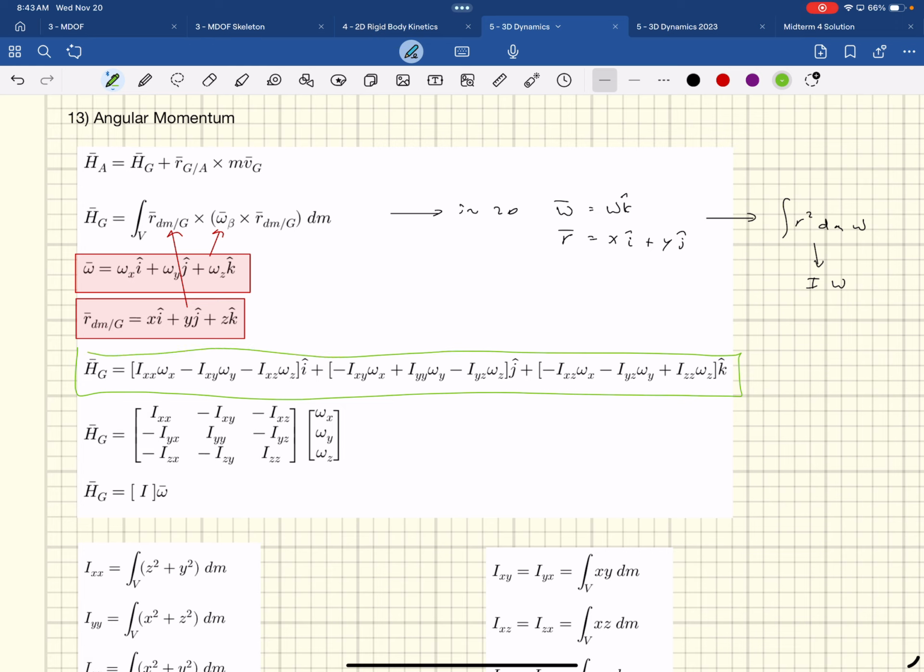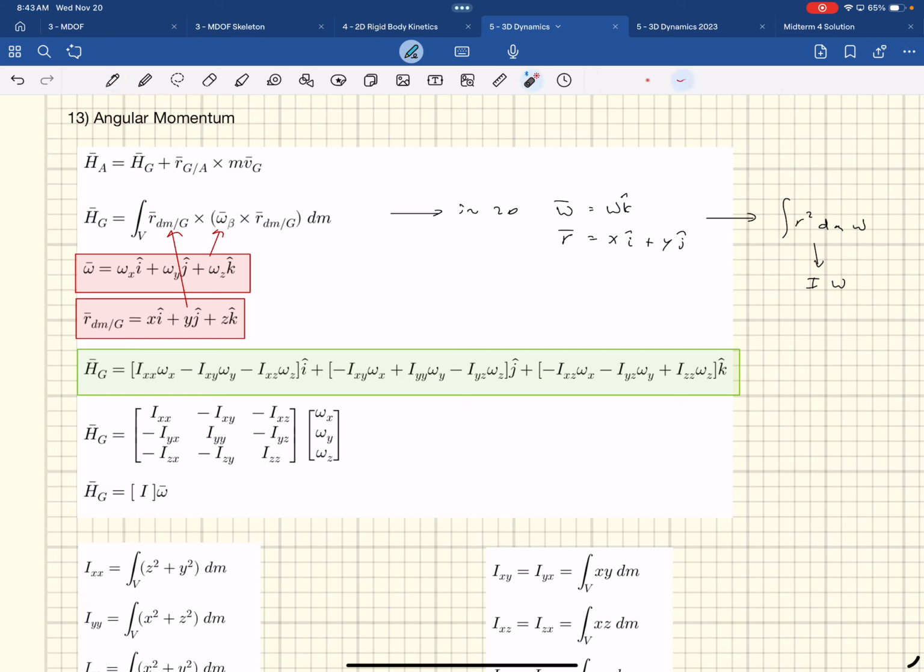So that is the angular momentum of a 3D object about its own mass center when you carry that thing out. I think the book has a more thorough derivation of it. I think the most important part is you know that it blows up. It started out as something simple. In 2D, it simplified way down. In 3D though, the thing blows up, and it becomes what you see right here.